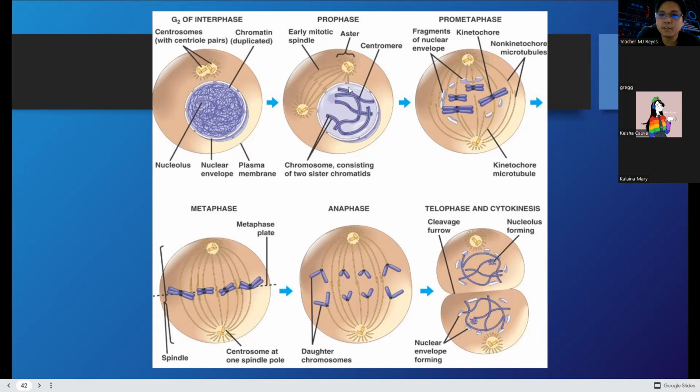Spindle fibers appear. In metaphase, the chromosomes are aligned at the center of the equator, and the spindle fibers are attached to the centromeres and the kinetochores. These are the spindle fibers.